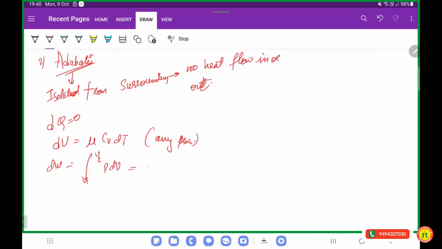Between V1 and V2. So here P is what? We need to change here. P dV.